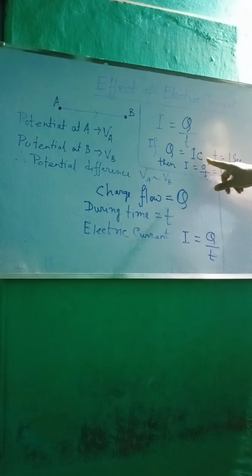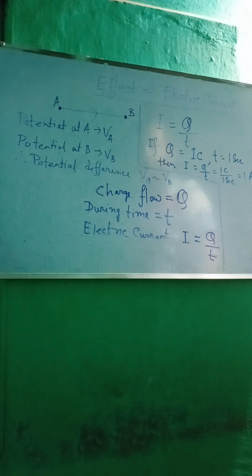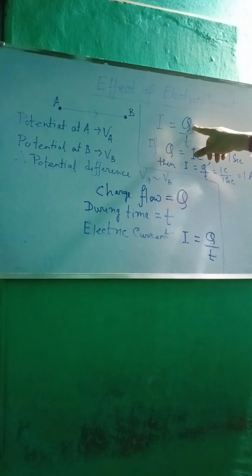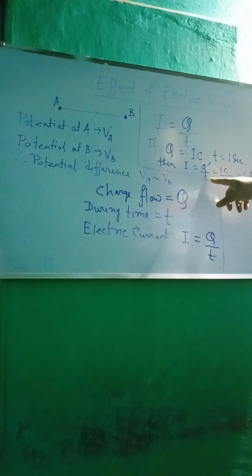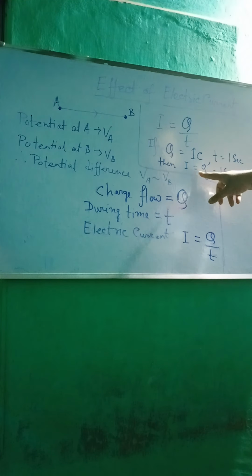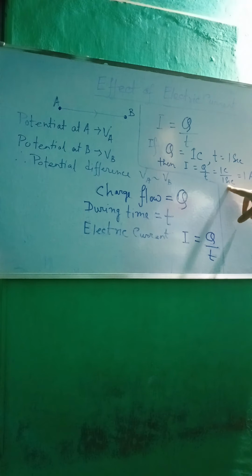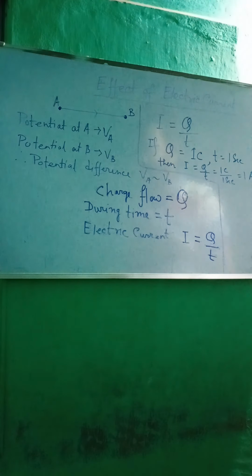Now put these values in this equation: I is equal to Q by T, which is 1 coulomb by 1 second. This is known as 1 ampere. So this ampere is the unit of current flow.